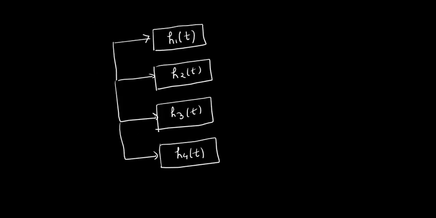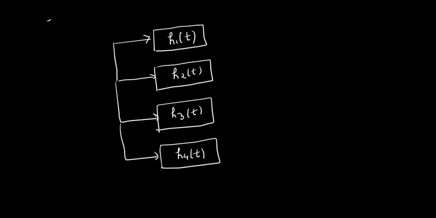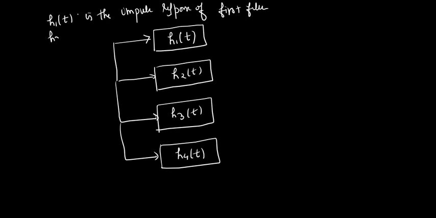So, at the receiver you can make 4 filters, each of them matched to the corresponding waveform. H1(t) is the impulse response of the first filter. Similarly, H2(t) is the impulse response of the second filter.